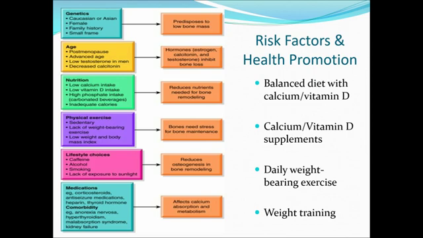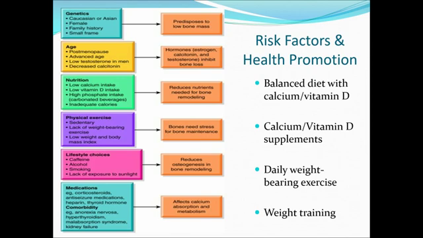From a nutrition intake, we know low calcium, low vitamin D, or high phosphate intake all will interfere with the amount of calcium available in the blood that the body can use. Physical exercise, we know being sedentary, not really engaging in weight-bearing exercises, is going to put somebody at risk, as well as low weight and low body mass index.